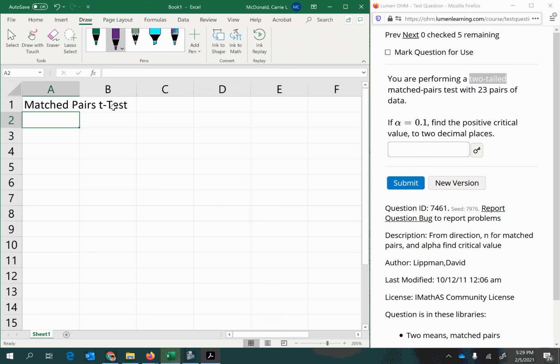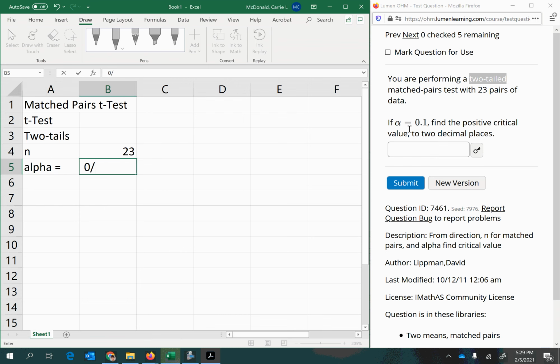So maybe we could even do this out like t-test and two tails, and then it says with 23 pairs of data, so n equals 23 pairs of data, and alpha is given as 0.1.